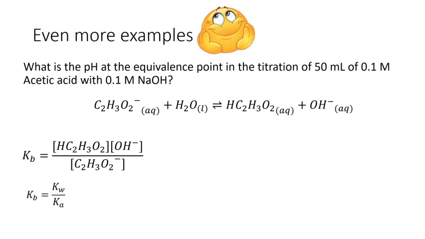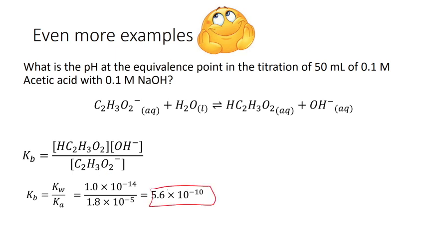So now we know Kw as 1 times 10 to the negative 14th, and based on either looking it up in your book or previous examples, we know the Ka of acetic acid to be 1.8 times 10 to the negative 5. So doing these calculations, we can figure out that the Kb for acetate is 5.6 times 10 to the negative 10.